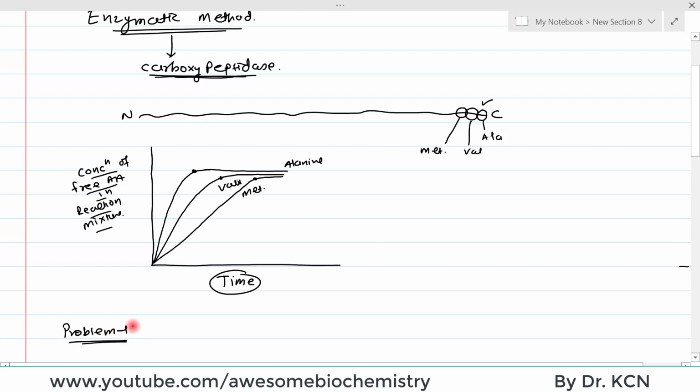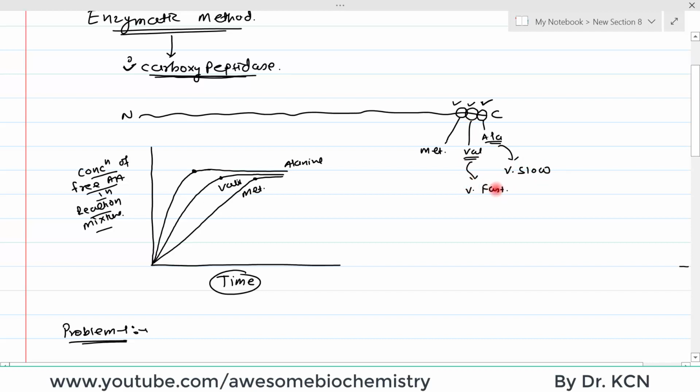What is problem 1? The problem is that we assumed carboxypeptidase removes all amino acids from the C-terminal side at the same rate, which is not true. Suppose this alanine is removed at a very slow rate and the second amino acid, valine, is removed at a very fast rate.